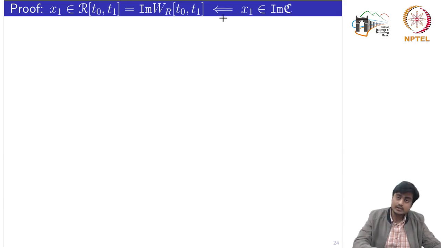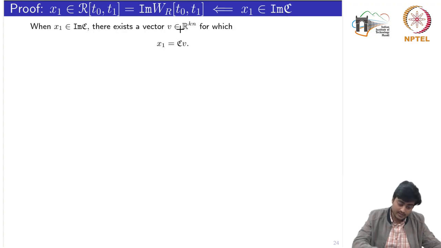Let's see the implication in the other direction. So now we are given that x1 belongs to the image of the controllability matrix. Now we know that whenever x1 belongs to the image of this matrix, there exists a vector v for which I can write x1 equal to the matrix C times v.